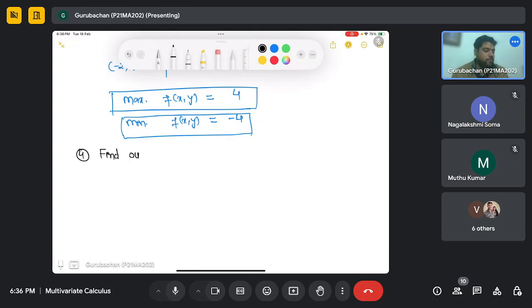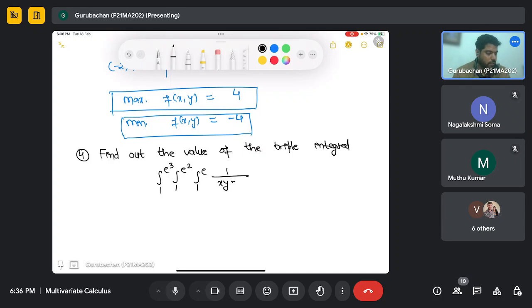Find out the value of the triple integral from 1 to e cube, 1 to e square, 1 to e of 1 by xyz dz dy dx.